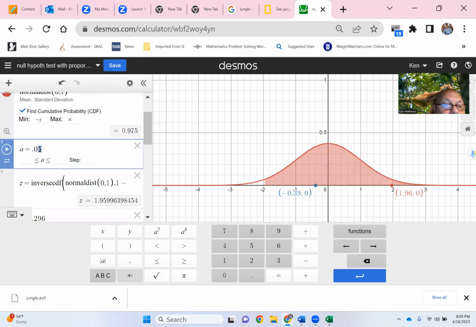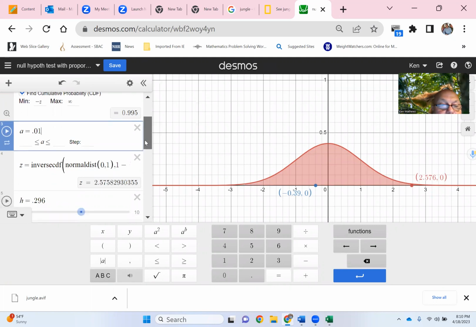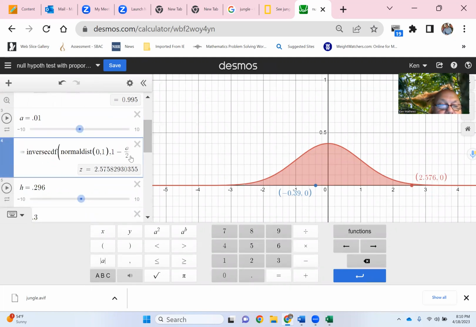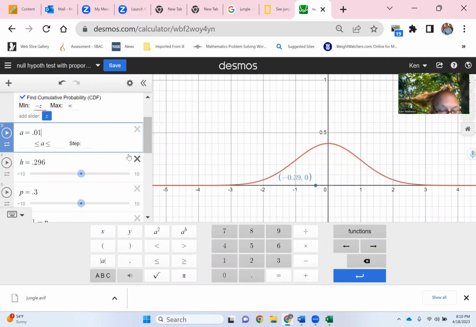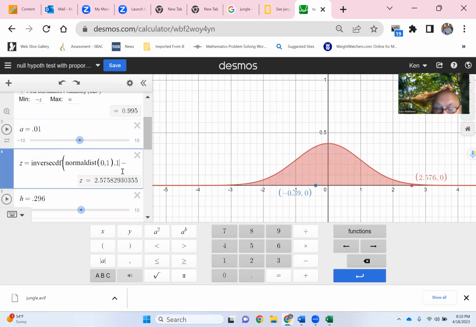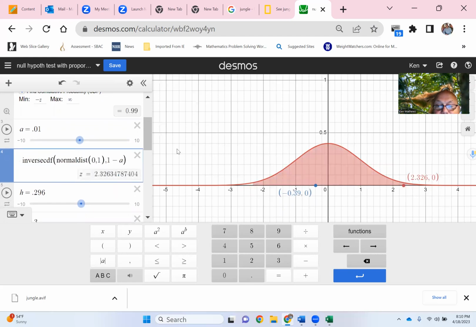Our alpha level is 0.01. It says alpha over 2, but since it's just one tail, we're going to get rid of the divided by 2 part. All right, so now there's our tail. Our shaded area is 0.99. It's exactly what we want.